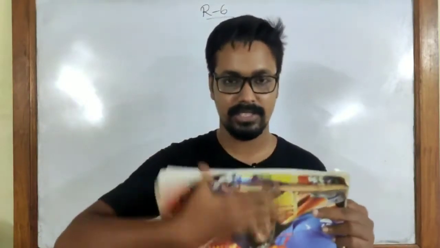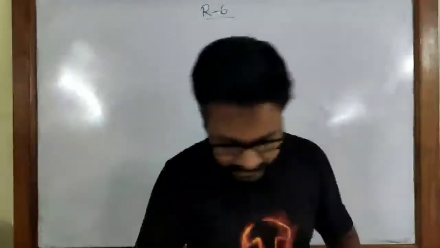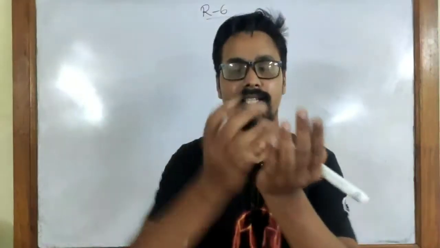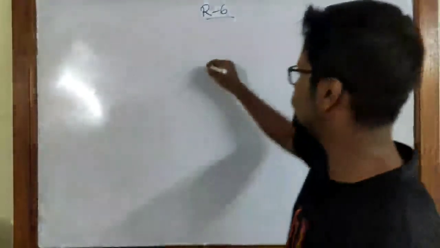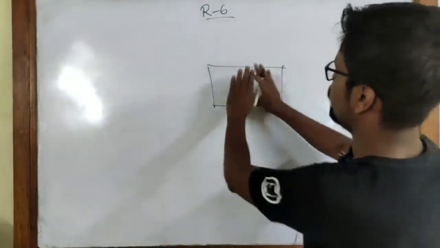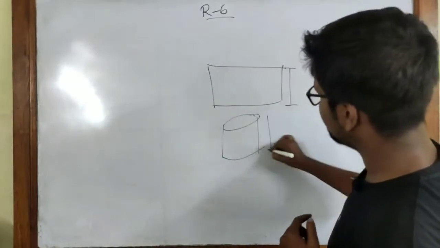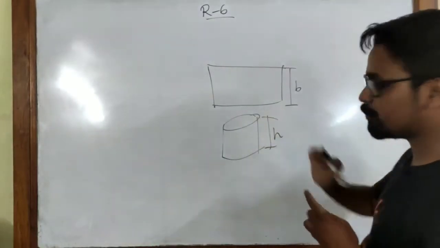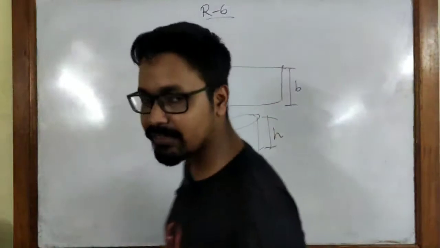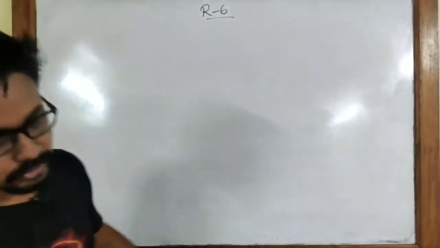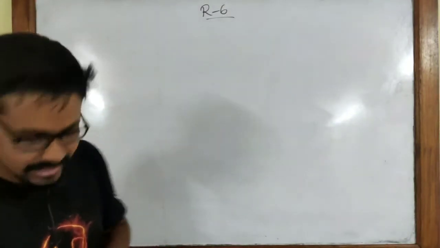So when you wrap a paper like this, its breadth becomes the height. So the breadth given here is actually the height of the cylinder that is formed, and the radius is also given as 20 centimeter.